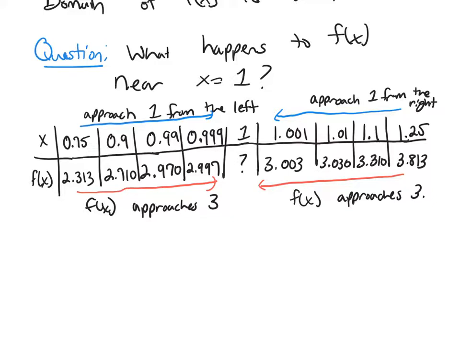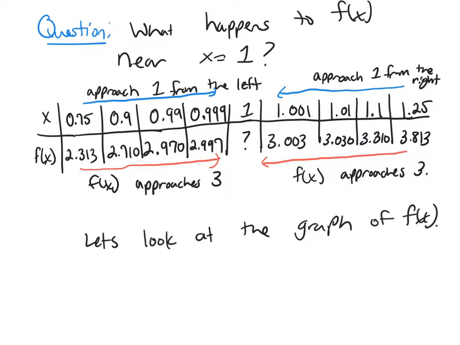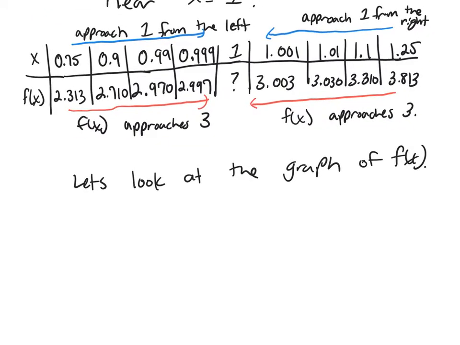Another way we could tell what happens near x equals 1 is to look at the graph of the function. So let's do that next. Let's look at the graph of f of x. If you have your calculator, you can ask it to graph this function.